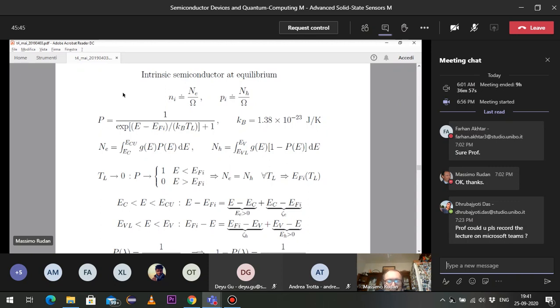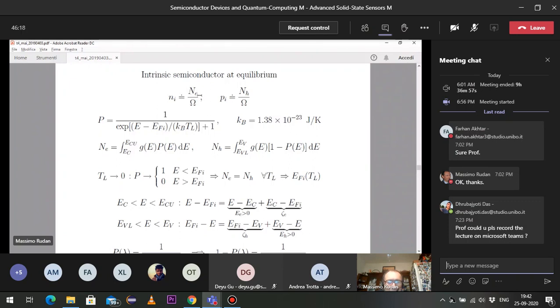Now, consider the total number of electrons of the conduction band. Okay. Call it capital N sub E. So capital N sub E is the total number of electrons in the conduction band. Since the material is uniform, you can express the concentration simply by dividing the total number by the volume omega of the crystal.